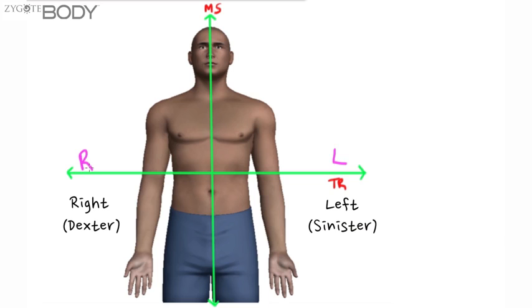Now, how do you determine left from right when you're looking at a subject or a structure? These directions are always determined based on the subject's perspective.